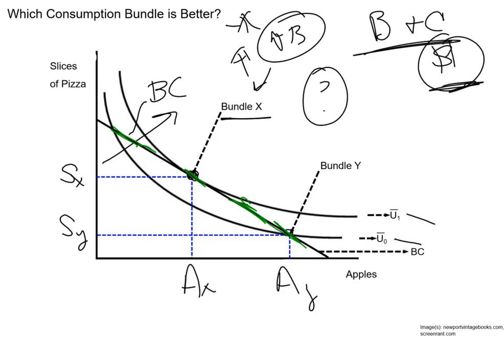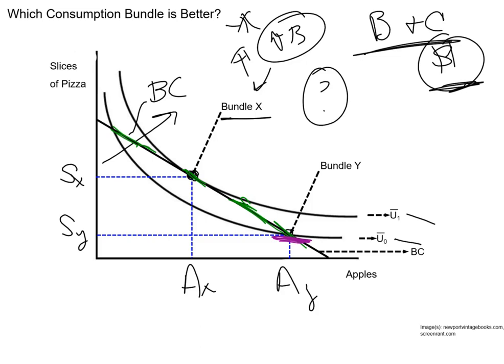But now let's check out the slope of the indifference curves at those bundles. If I look at bundle Y, the inferior bundle, the bundle that's not as good, a line that's tangential looks something like that. Those two lines, the green and the purple, cross. There's an intersection, but they are not equal to each other.